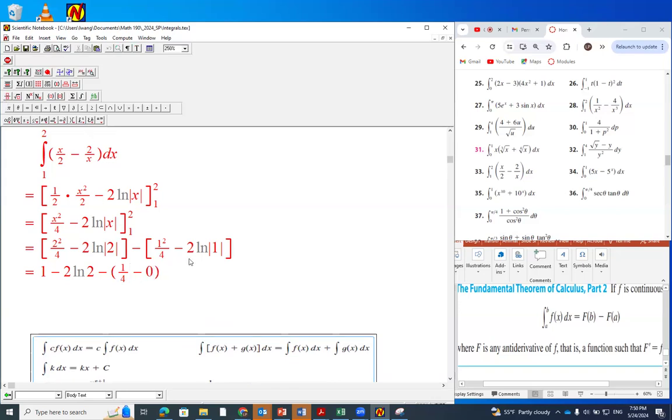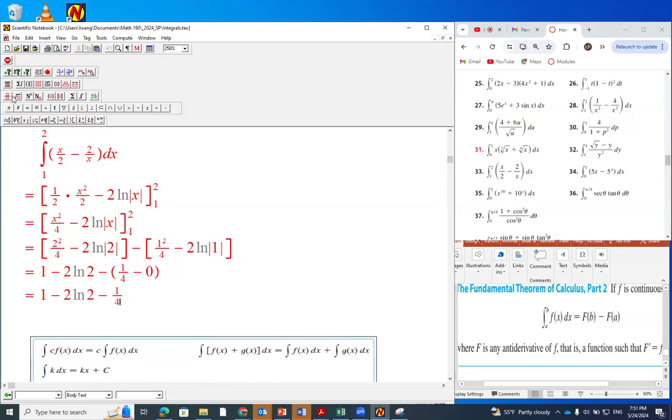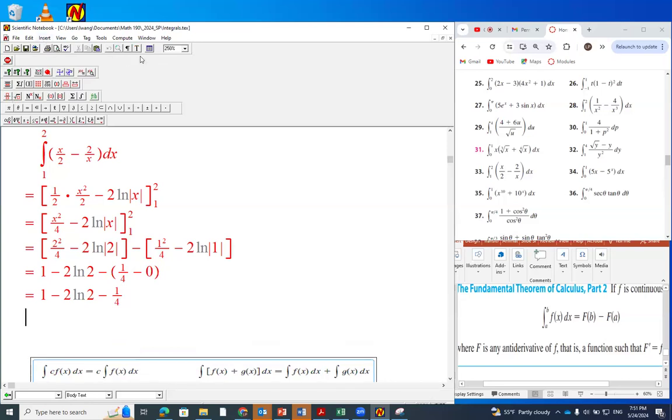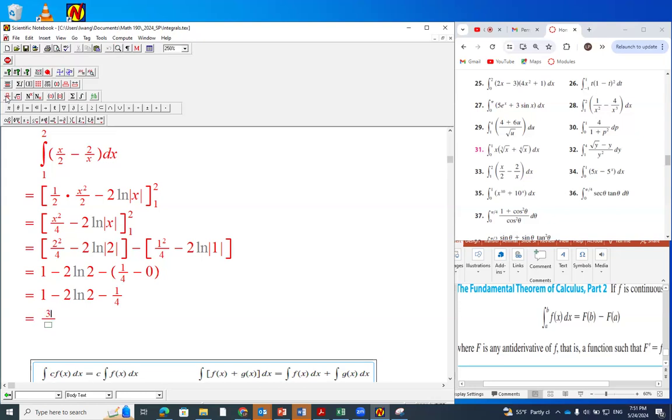So near the end, we have 1 minus 2 times ln 2, subtracting 1/4. In the end, 1 minus 1/4 is 3/4, subtracting 2 times ln 2. That will be the answer.